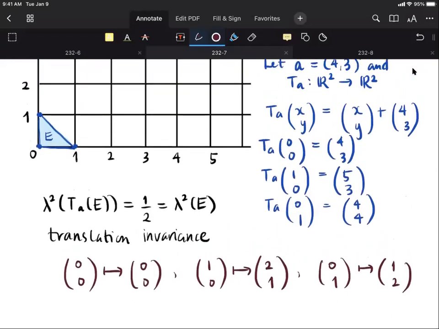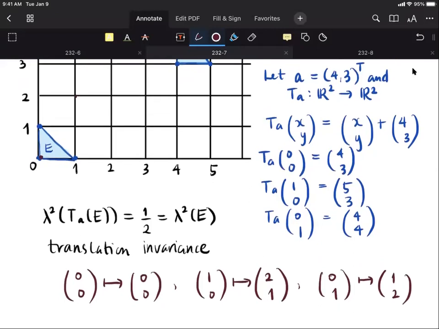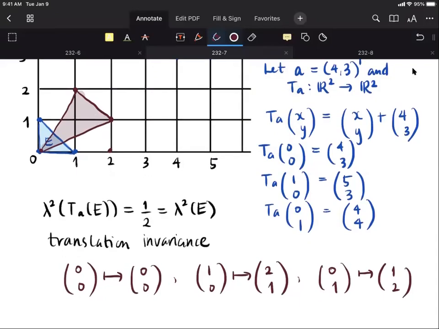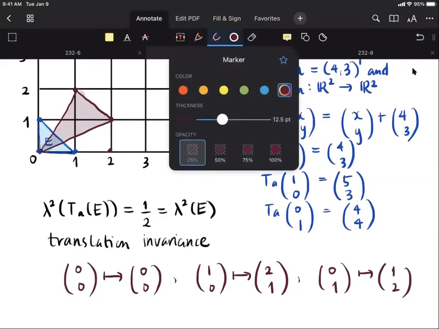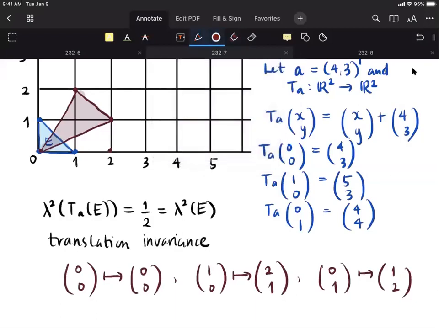So in this figure, we have the following vertices. Let us form this triangle here. This should be (2,1). And let us highlight this new triangle. Then this will be the image under some linear transformation.